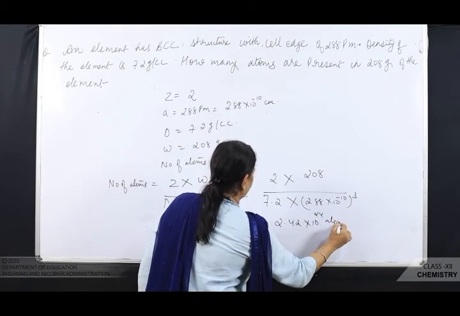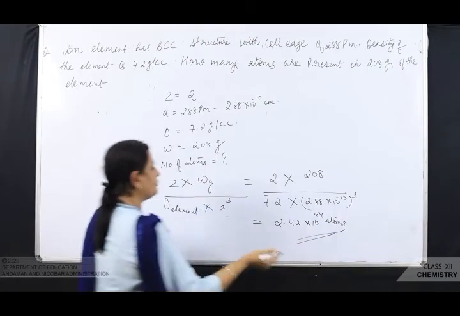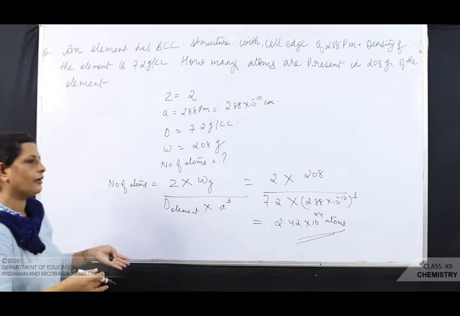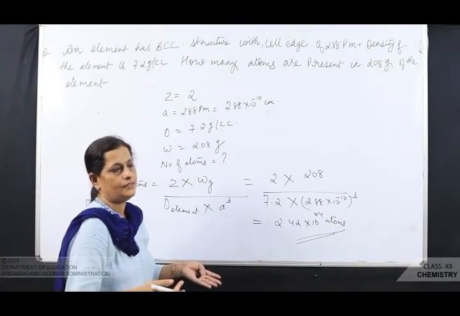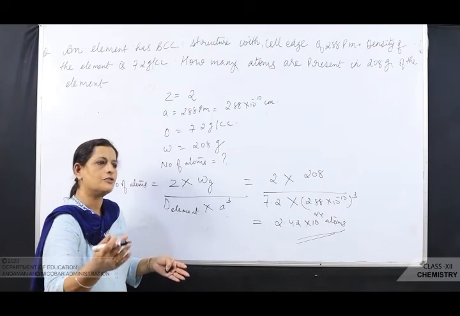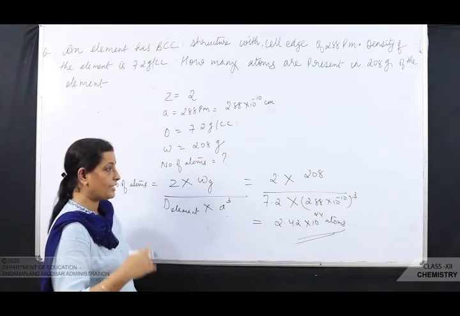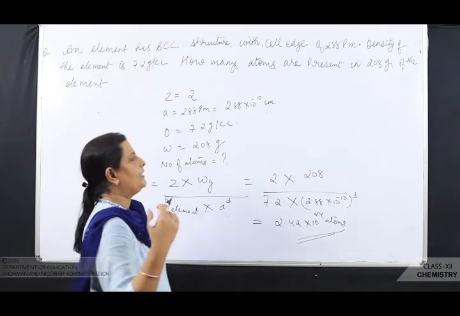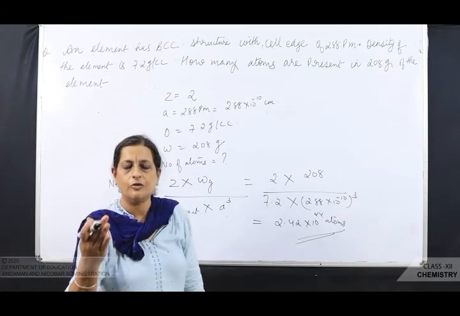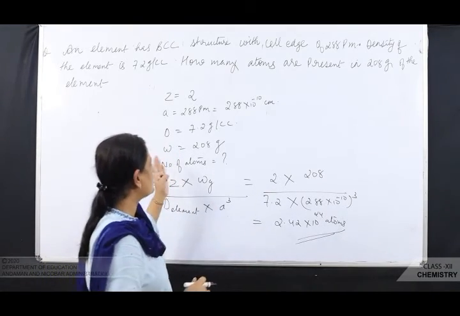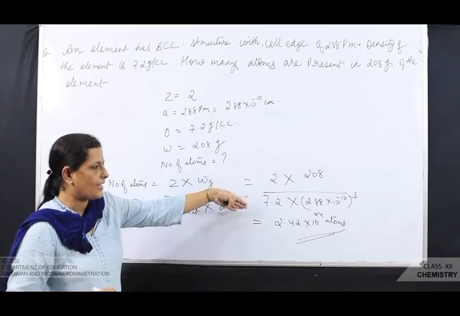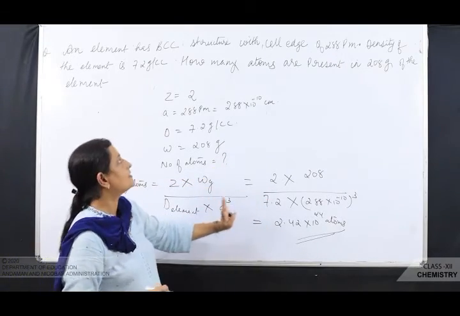It is simple to do. Otherwise, first you have to find out the atomic mass, then number of atoms is equal to mass in grams divided by atomic mass into Avogadro number. So, that equation you have to use, or number of atoms is equal to what? Number of moles into Avogadro number. So, instead of using that, you can do it this way directly, the answer will remain the same.